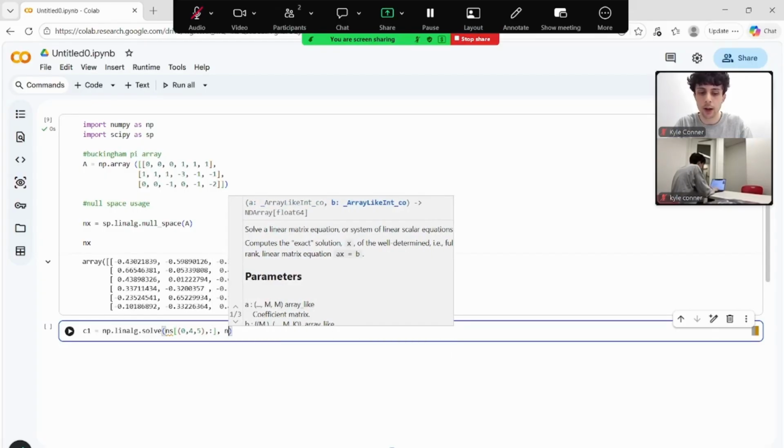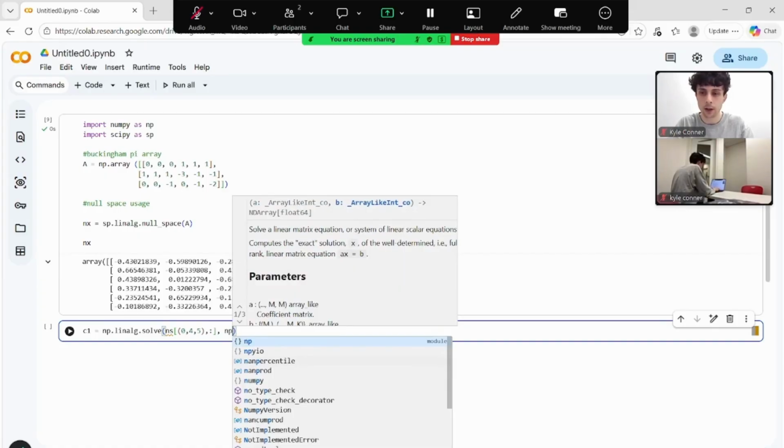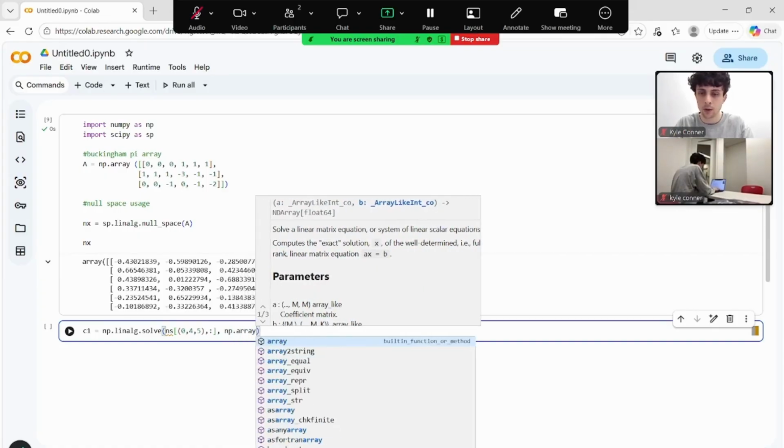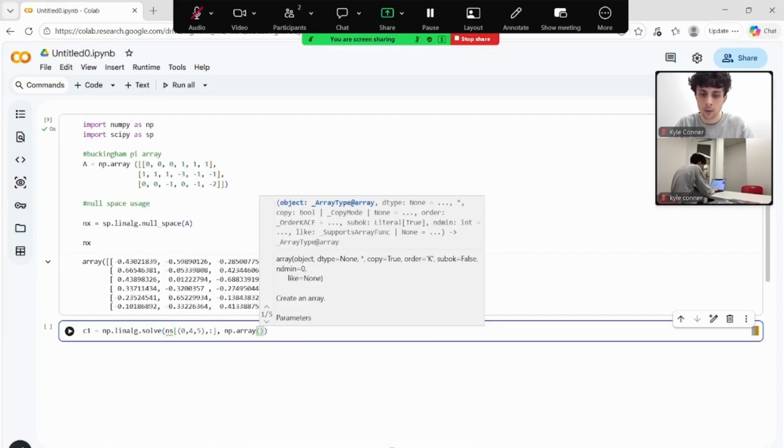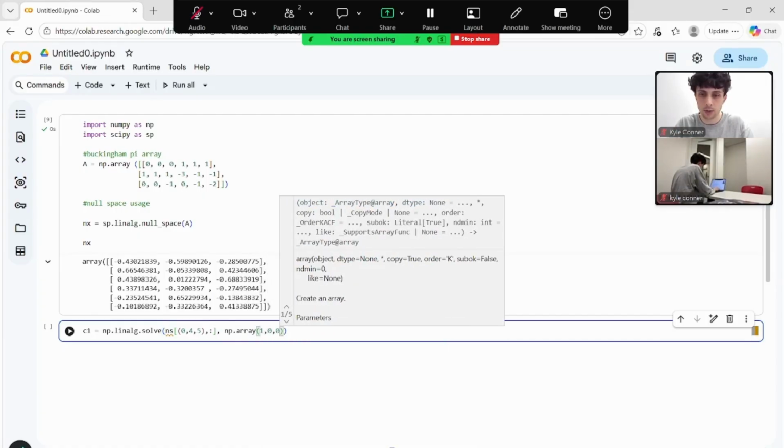We're doing our next array, so we have the np.array 1, 0, 0, and then a dot.